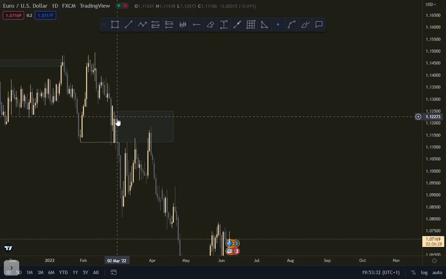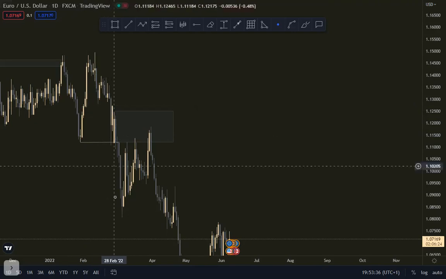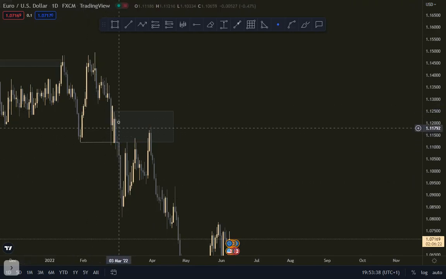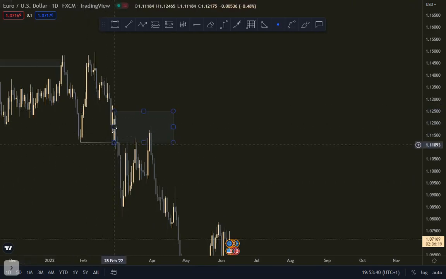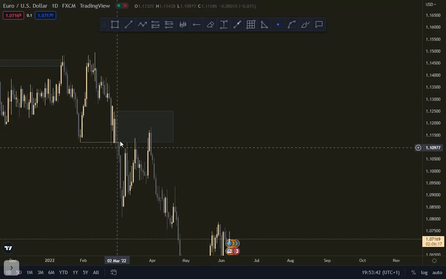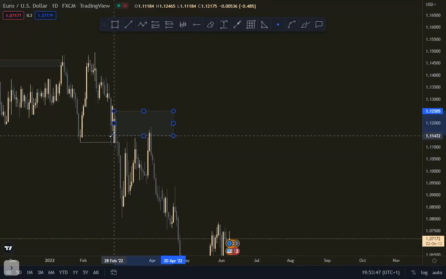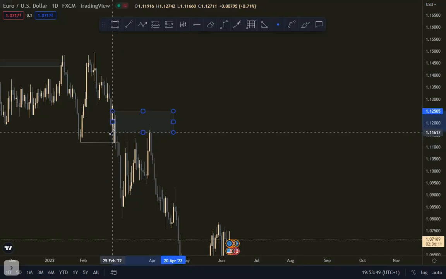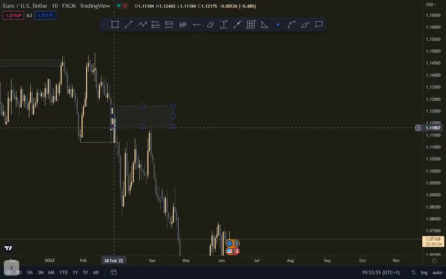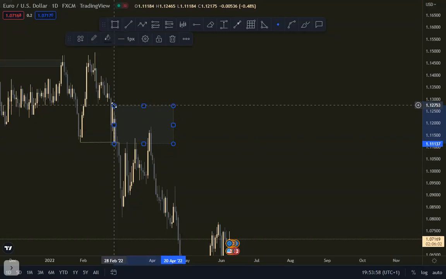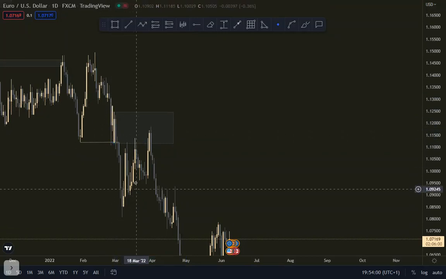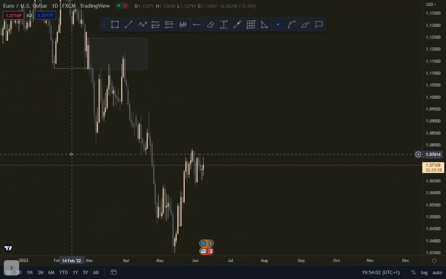Didn't take out liquidity, but I'll still add this because it broke structure with an impulsive move, and the next candle was kind of engulfing. So I'll add this. You can actually refine it to this, but then it won't actually make sense. So let's leave it here. Took out liquidity, dropped.